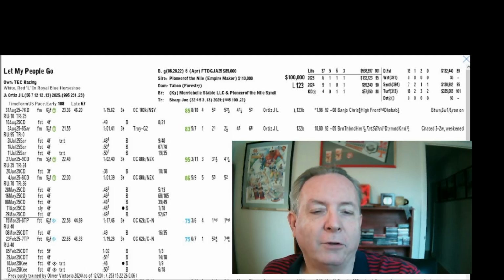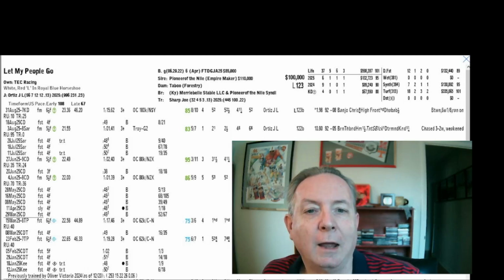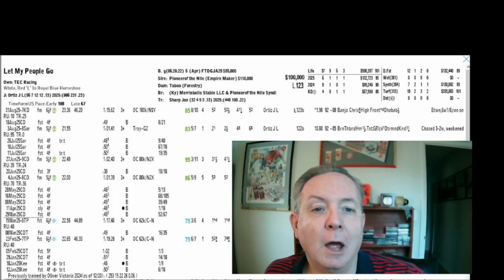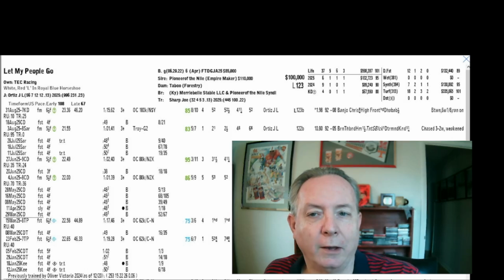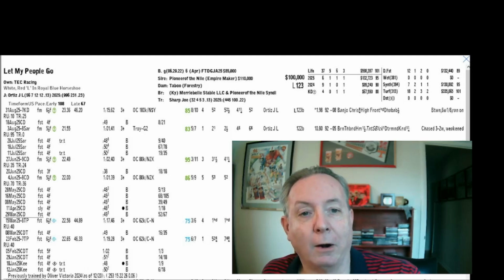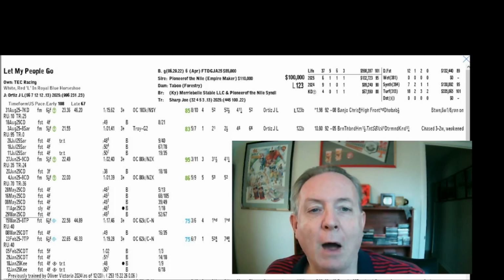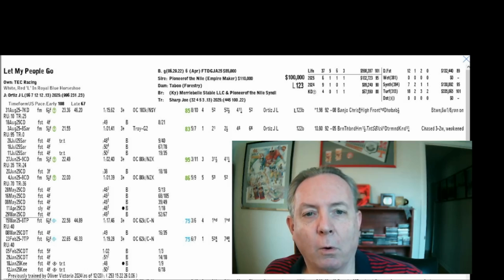Maybe you pull this up and you see that it was an off track. Maybe he had really bad trouble. But it gives you a context for the previous screen that we saw that talked about the class level and how they finished. Now you actually get a good example of looking at that horse's form to know exactly what happened in the race. And you can either make it better or make it worse, but you can use it to evaluate your horse today.